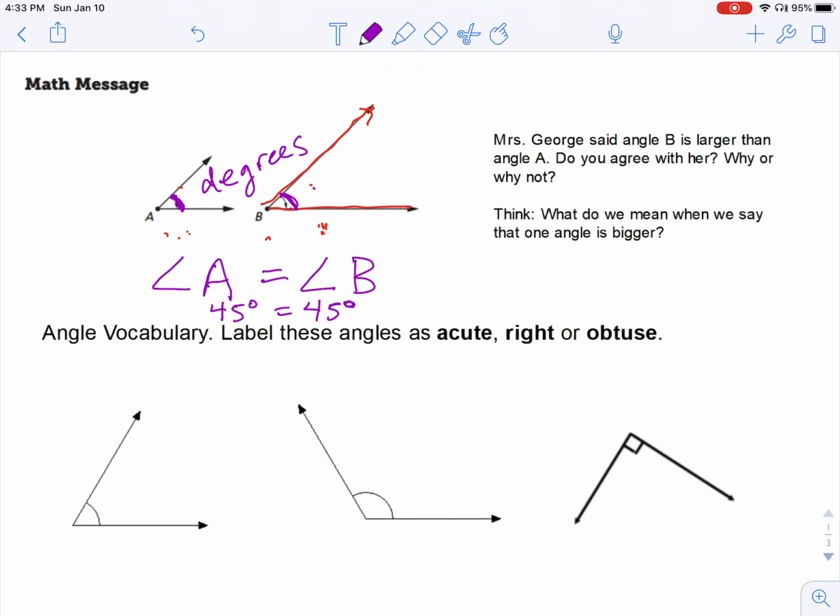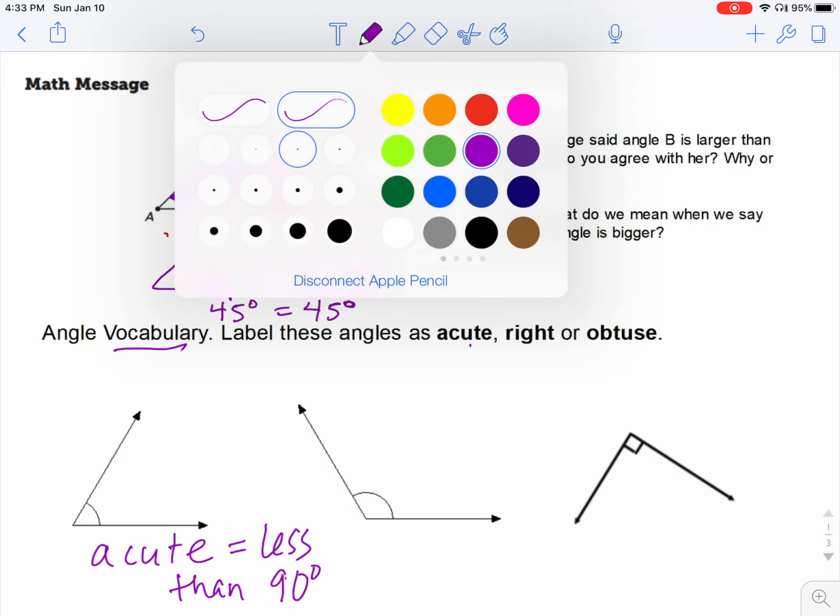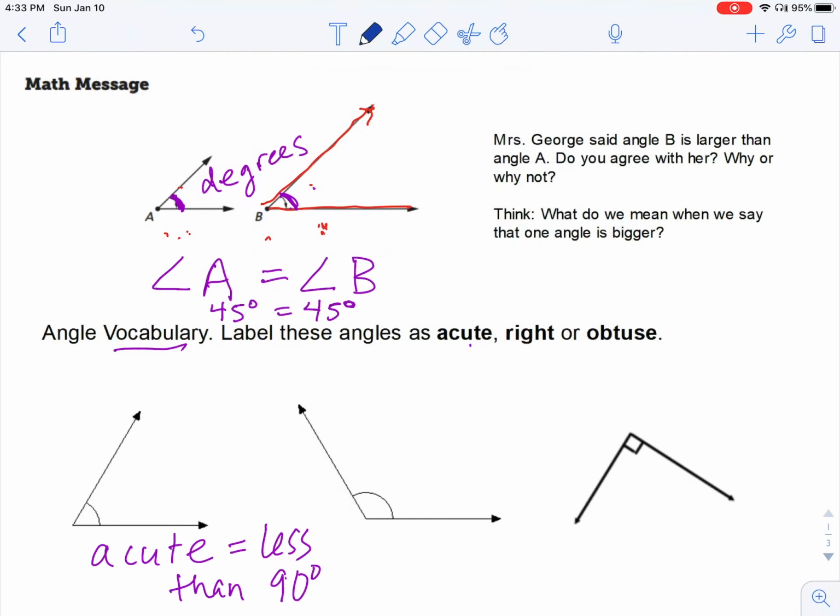You already know quite a bit of angle vocabulary. We know a cute little angle, that's like this one, right here. That's less than 90 degrees, less than 90. Make sure you have that in your notes. Then we also know, do you remember what this angle is called? Obtuse angle.